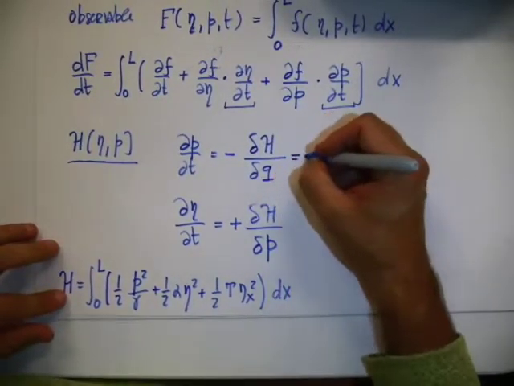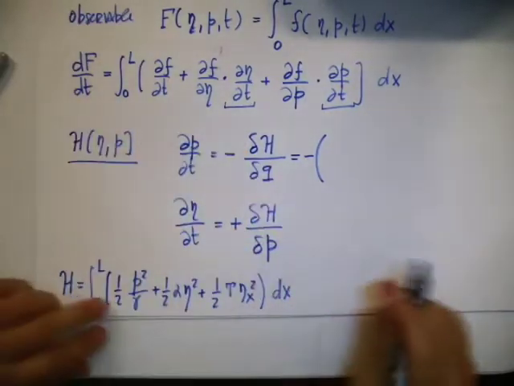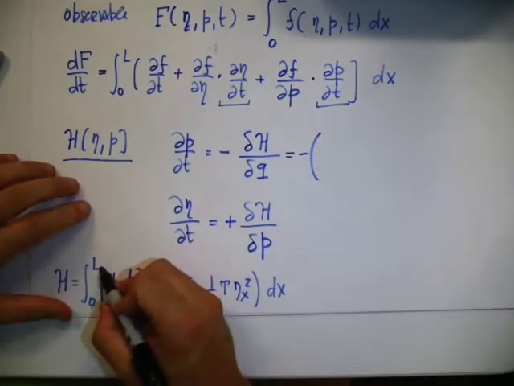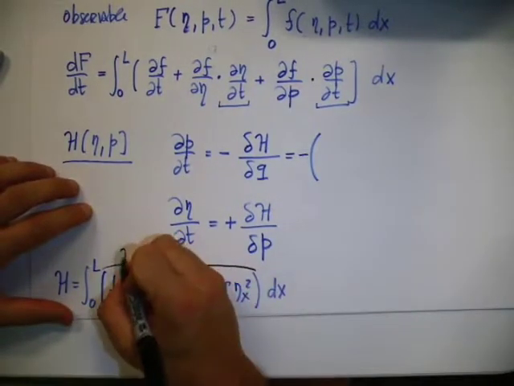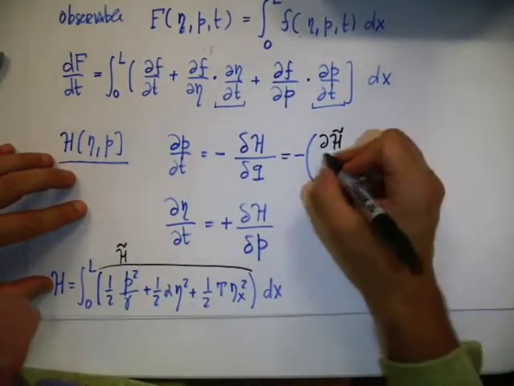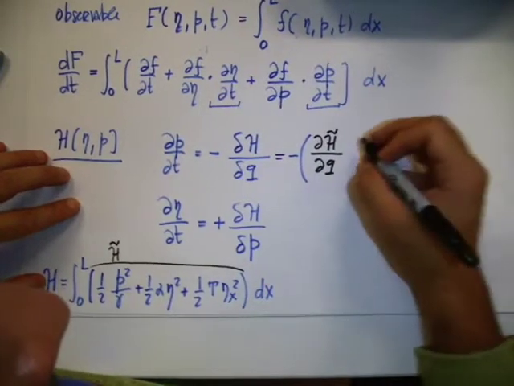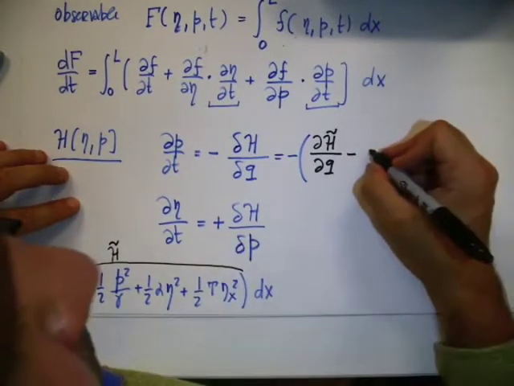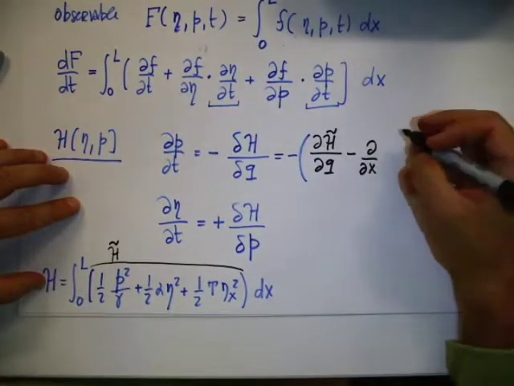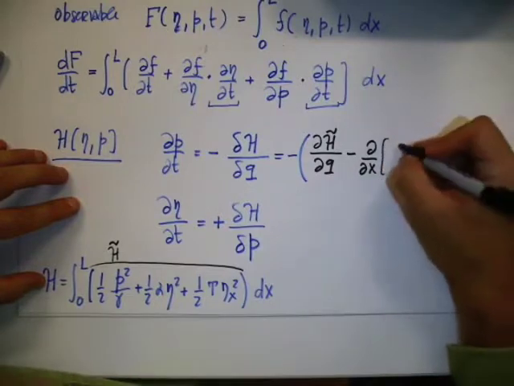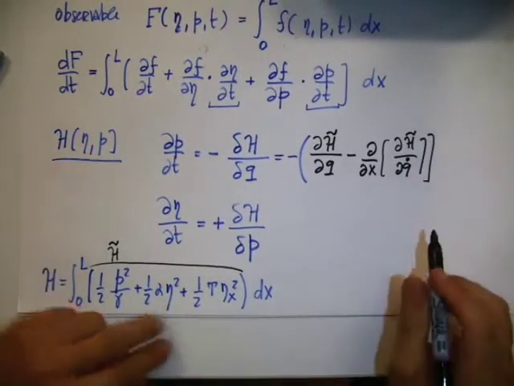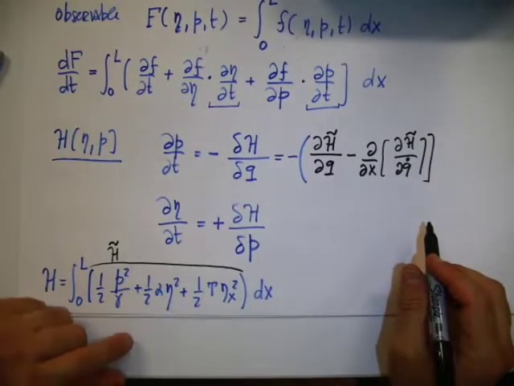The derivative with respect to q is going to be equal to minus open parenthesis, let's call this quantity the Hamiltonian density, the partial derivative of the Hamiltonian density with respect to q minus partial with respect to x of the partial of h with respect to q x.